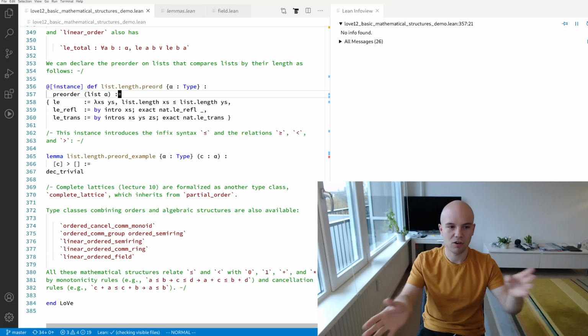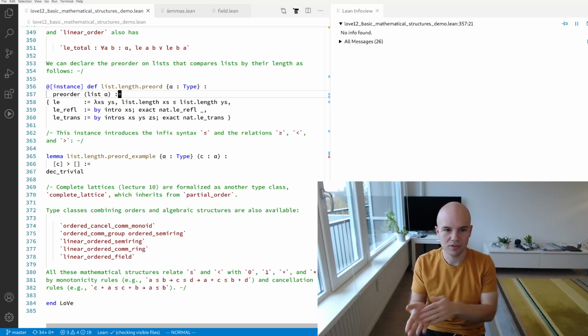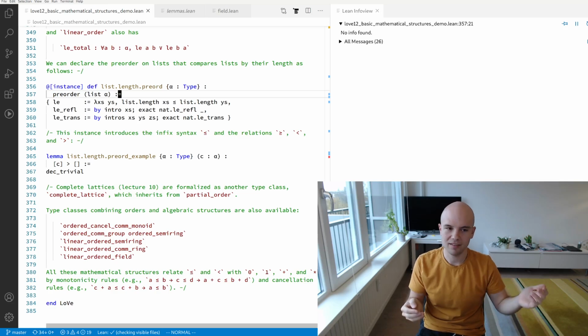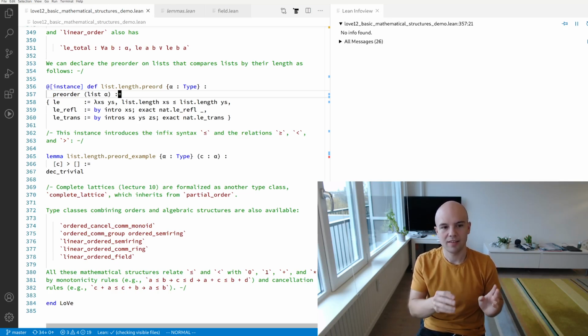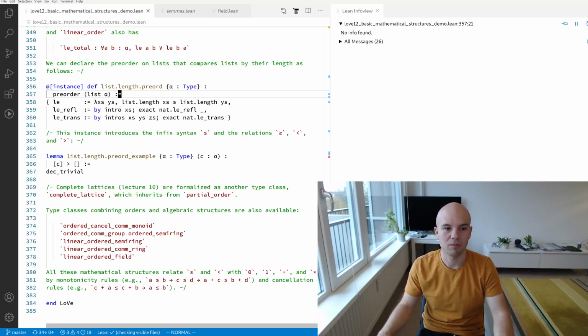So you can always go from a lattice structure to an order structure, and hence we have a different type class for lattices, which contains the meet and join operations, and then there's an instance which derives a partial order from this lattice structure by defining the relation in the appropriate way.